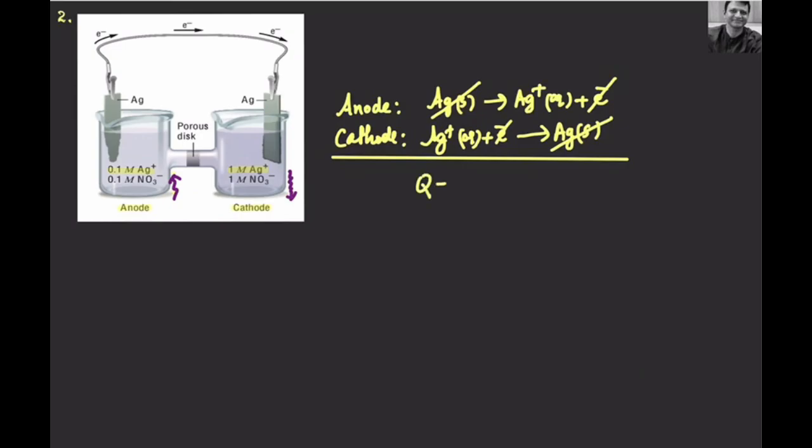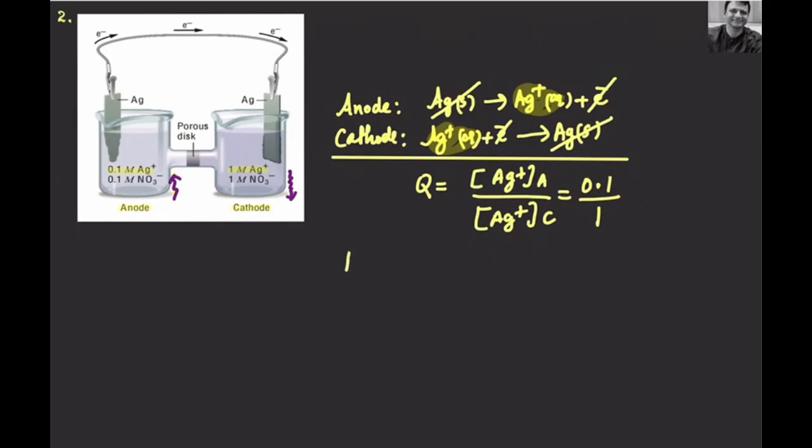And again from here, if I write the reaction quotient, we can write that it is equal to the concentration of Ag plus ion in anodic compartment upon concentration of Ag plus ion in cathodic compartment. So Ag plus at anode upon Ag plus ion concentration at cathode. If we put the value here, in anodic compartment the concentration is 0.1 and in cathodic compartment the concentration is 1.